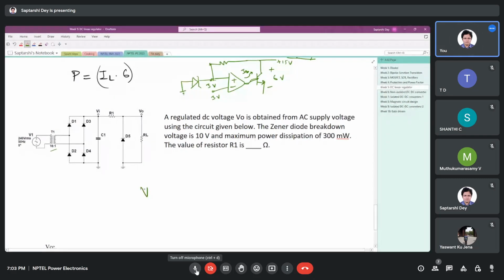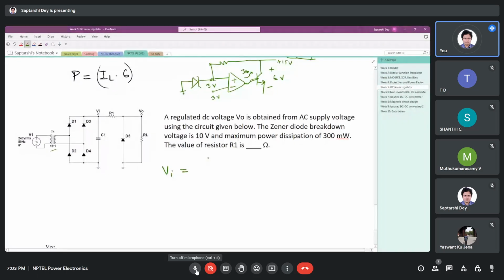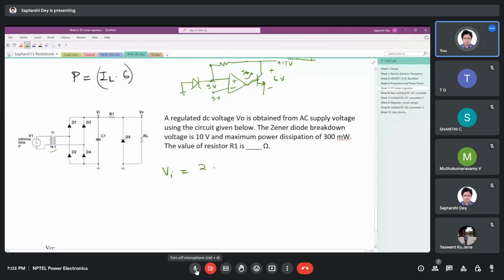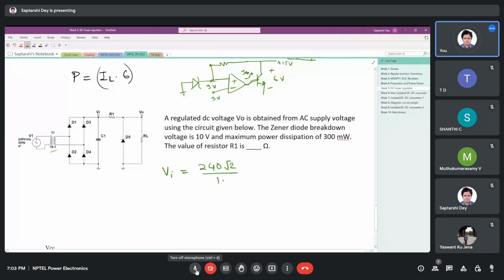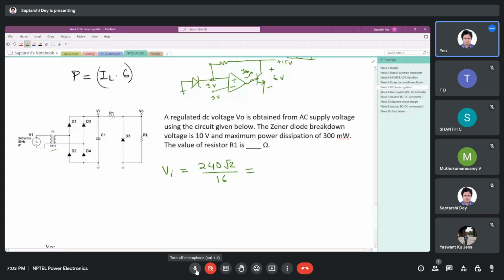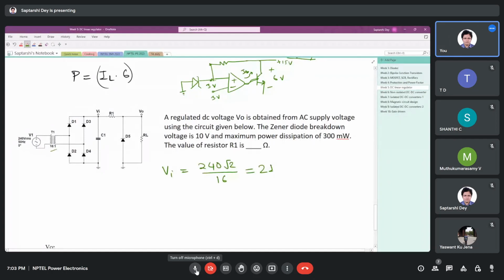VI is the peak value, so 240 root 2 by the turns ratio. You should get something like 21 volt. Yes, sir, 21.21. Okay, let us say 21 volt for now.